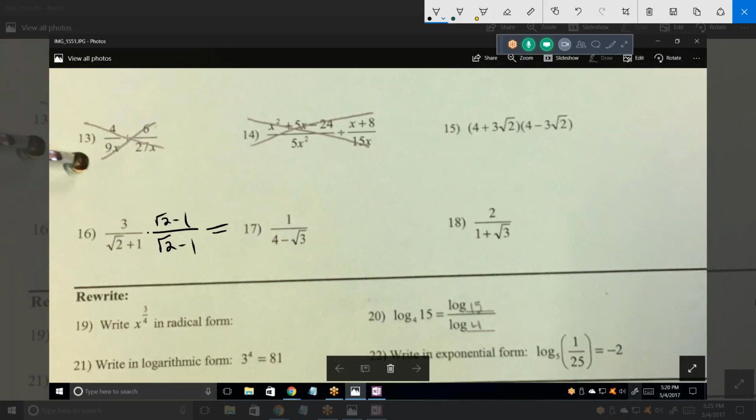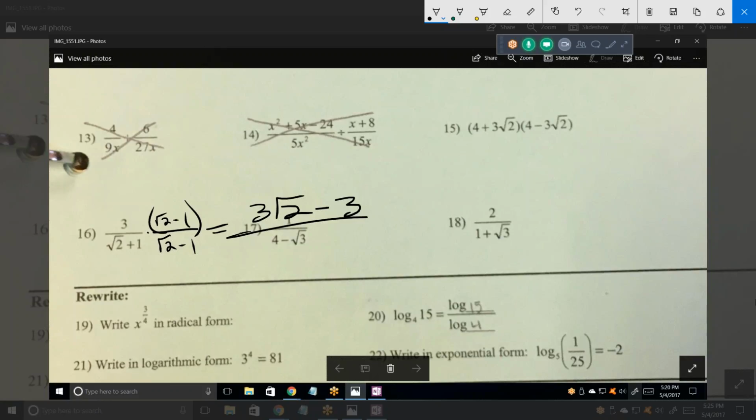What's the top? 3 root 2 minus 3. Got to multiply the 3 by both terms. Now, you'll notice something happens when you multiply the bottom. We're going to lose the radical sign.